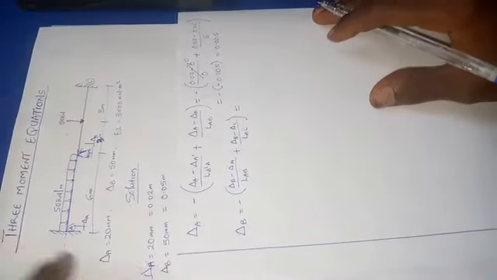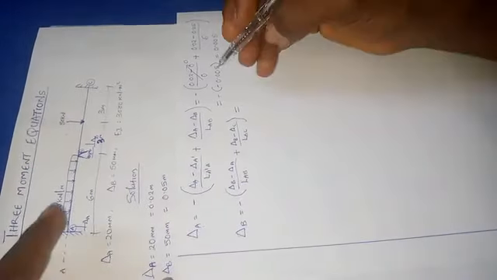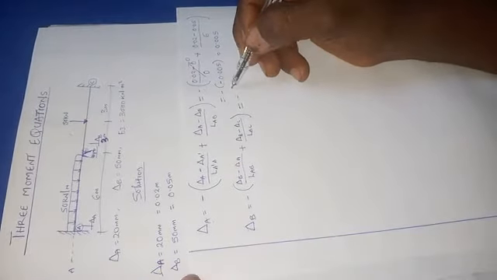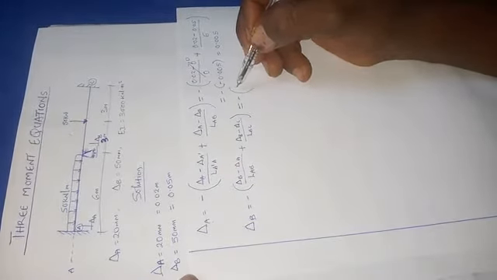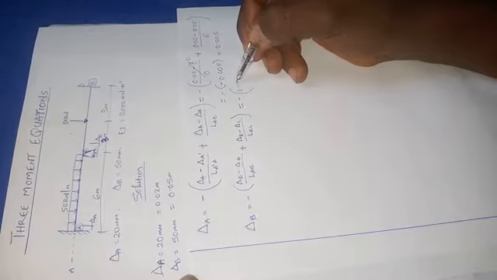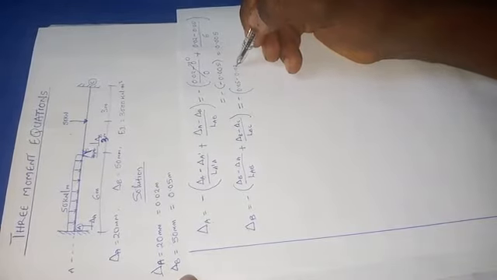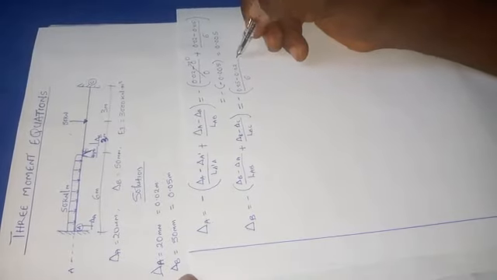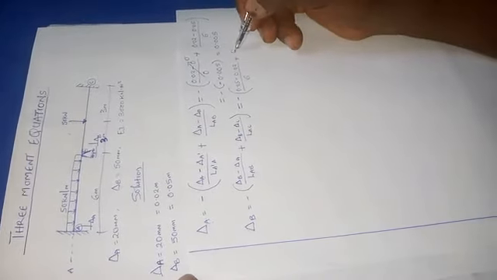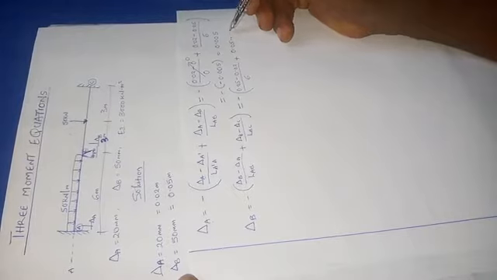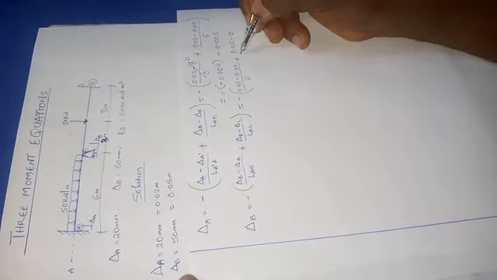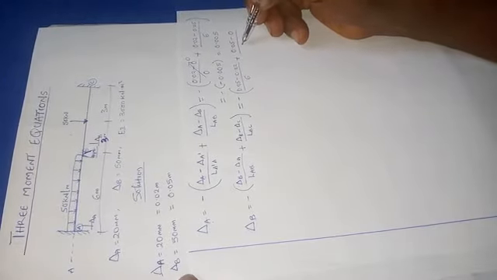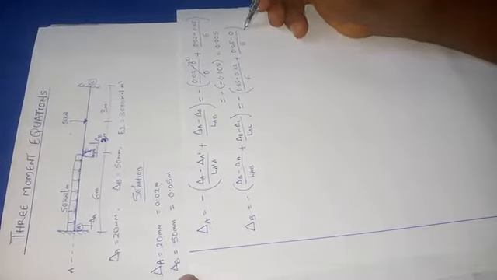Every formula can be generated right there as you're solving your problems. So if I substitute inside this formula, I'm going to be having that this is minus in bracket, settlement at B was 0.05 minus 0.02, all divided by the length of A to B was 6, then plus settlement at B 0.05 minus, there is no settlement at C, so I'll have it as 0, divided by the length of B to C was still 6 meters.